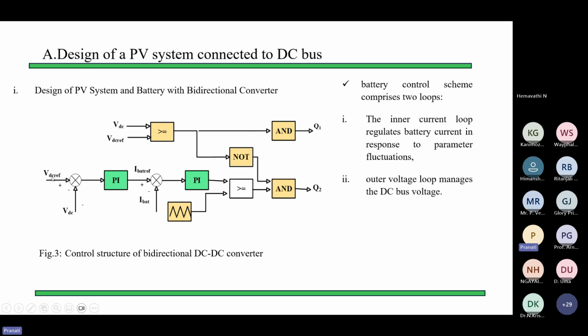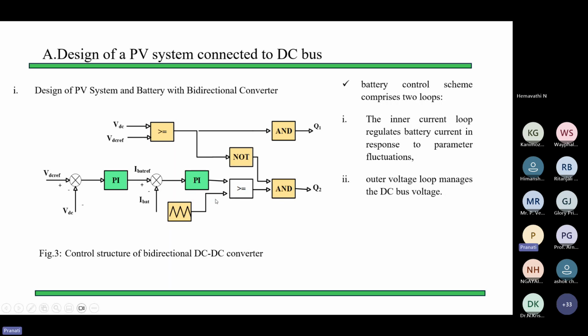Now, the difference between the DC voltage reference and the measured DC voltage: the DC voltage reference is 70 volts, it is compared with the measured value, and the error is passed through a PI controller where the output is the battery current reference, I battery reference. This reference of the battery current comes out of this PI controller and is compared with the battery current, and the error is again passed through another PI controller.